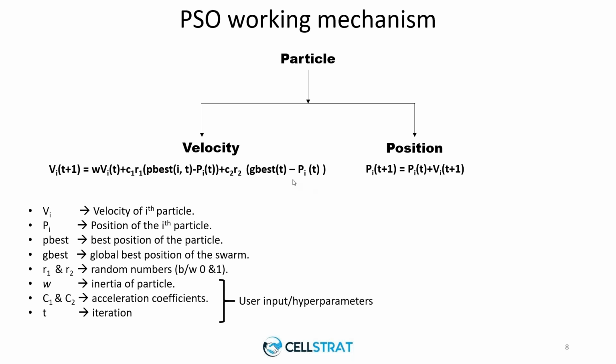C1 and C2 are acceleration coefficients: how much you accelerate from the current position based on your personal best, and from the current position based on the global best. R1 and R2 are weightings of some kind. So the equations are intuitive, they are not that difficult. I have a separate slide wherein we'll dissect this velocity equation and understand each of these terms.